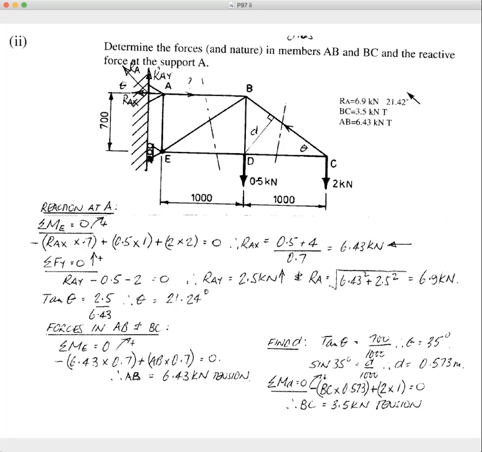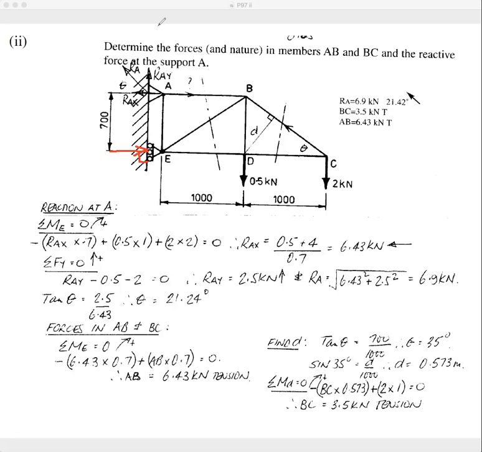So you're not asked to find the force at E, so you don't find that force. And I want you to always do this with a roller reaction. I want you to make sure that you tell the examiner that that is at 90 degrees to the roller surface.